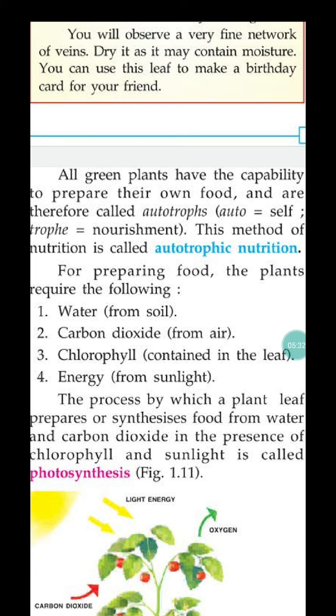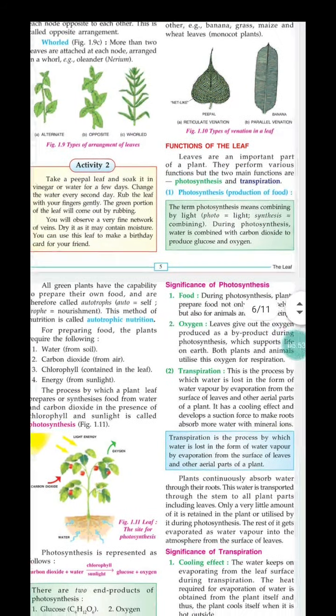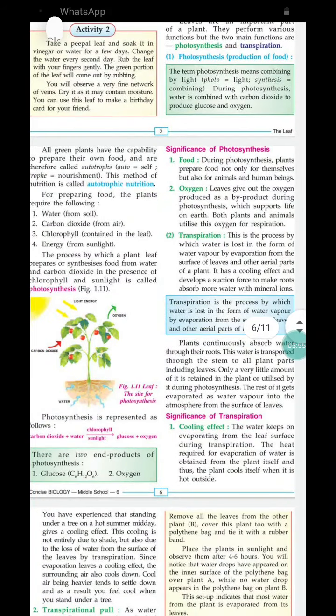It dies because sunlight is not falling on it. So we should grow plants where there is sufficient amount of sunlight. Why? Because the energy from sunlight is taken by the plant to perform the process of photosynthesis to prepare food. Is it clear, children?